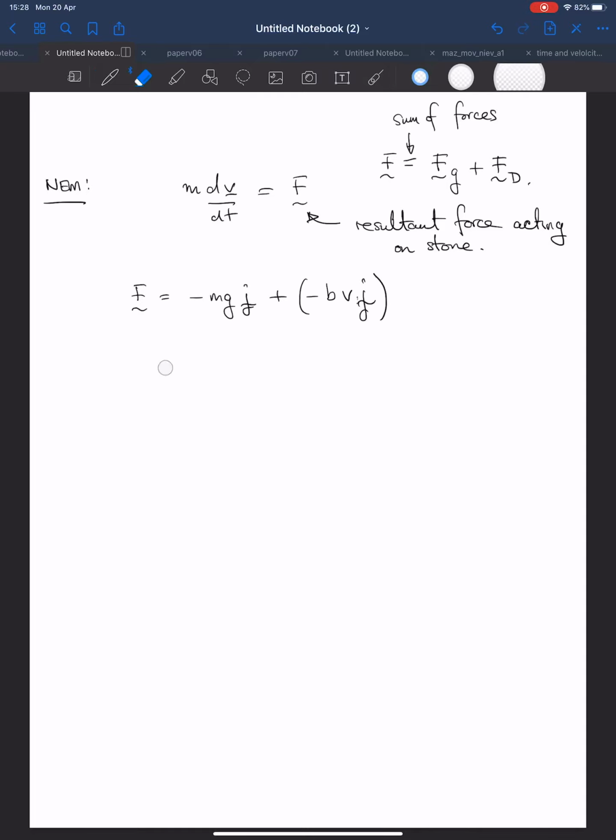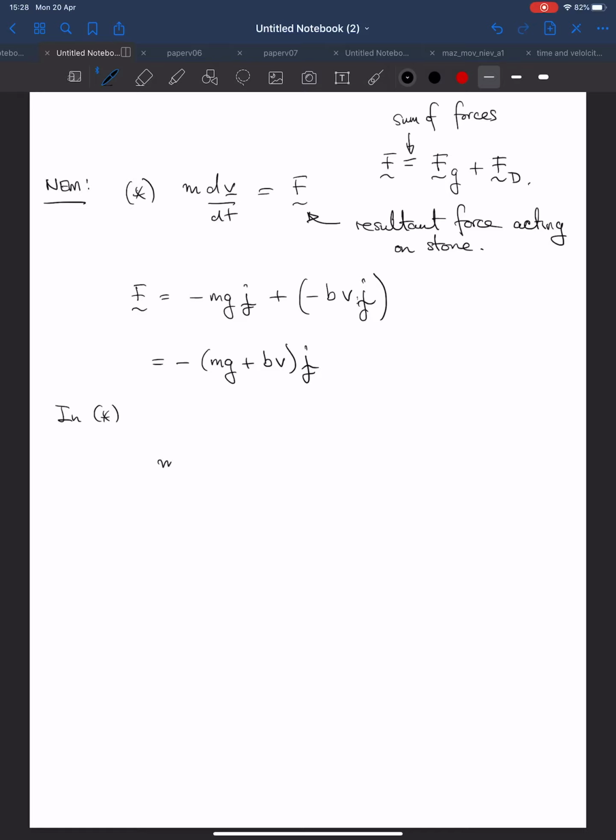And when you put all this together, what you have is minus (mg plus bv) all multiplied by j.